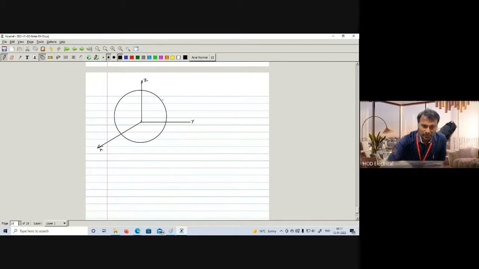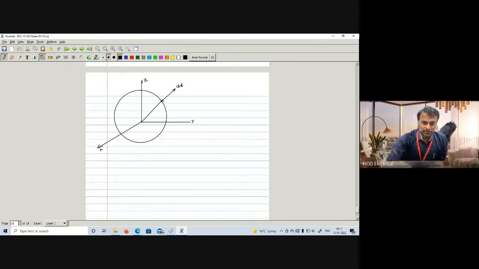Already we know this is the point, and we have drawn the direction of u_r, and we understood how to convert the projection of u_r in the xy plane in terms of i vector, j vector, and k vector in the Cartesian coordinate system. In this lecture, we are going to learn how to convert between the cylindrical and Cartesian systems.